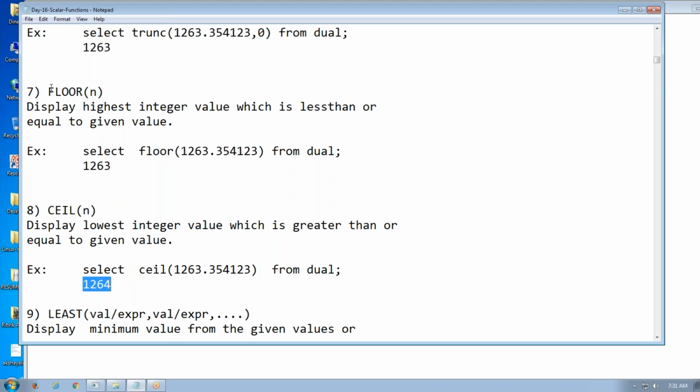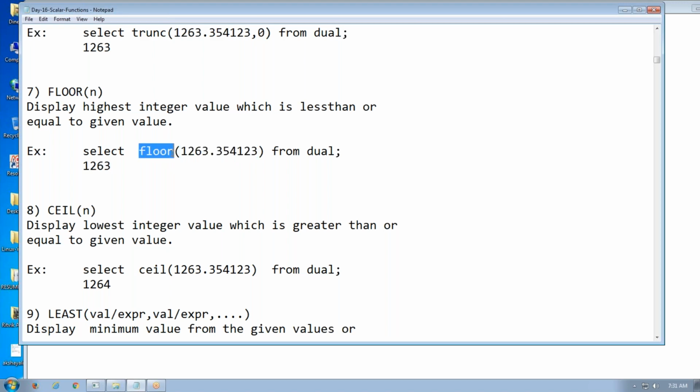Okay, next. Now I am explaining about floor. What is floor? Lower value. What is ceil? Upper value. I am giving one value and you are applying the floor function. It will print the lower integer, immediately below the given value.